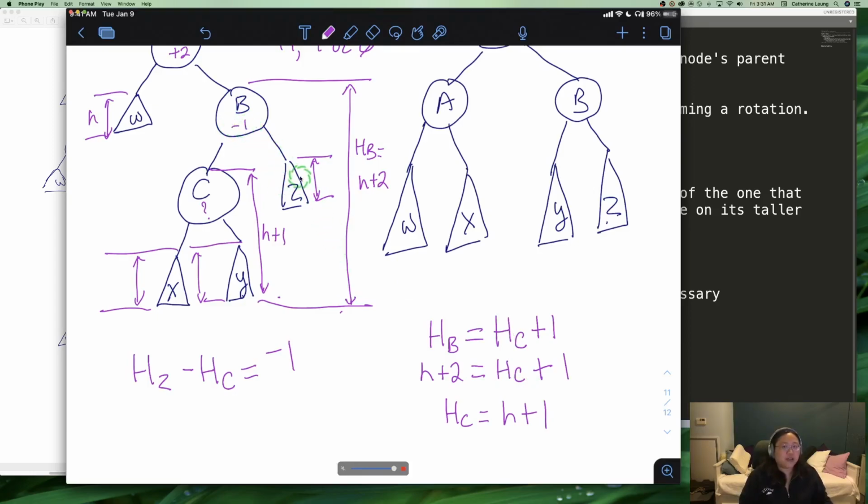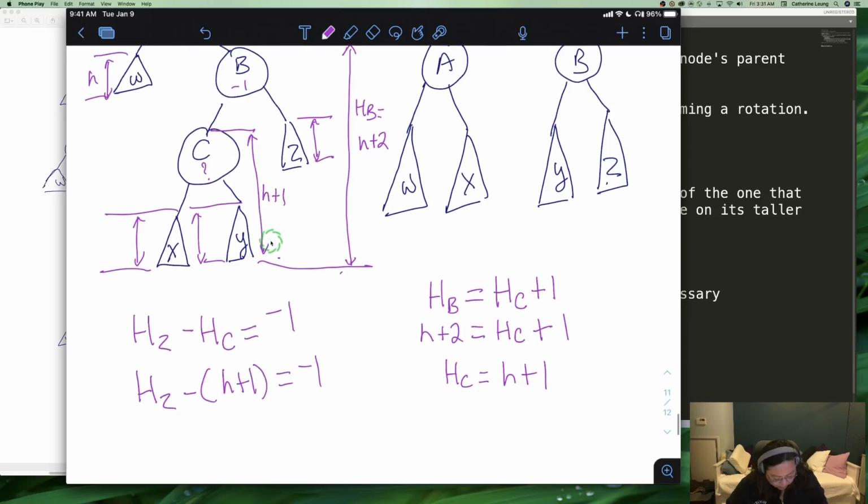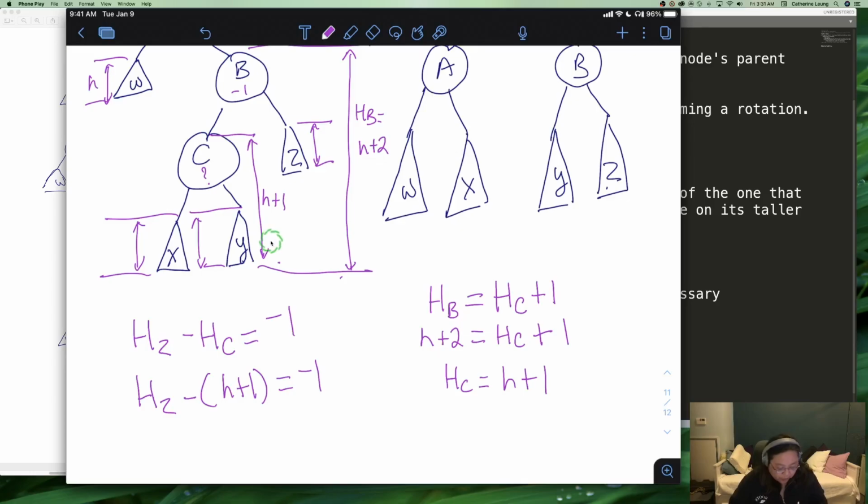This is calculated by taking the height of Z and subtracting the height of C from it. Now we know that the height of C is h plus 1. So that's the equation. If we solve for HZ, what we end up with is h. So the height of Z is h. In other words, Z and W are exactly the same height.